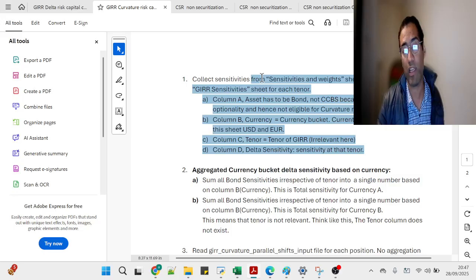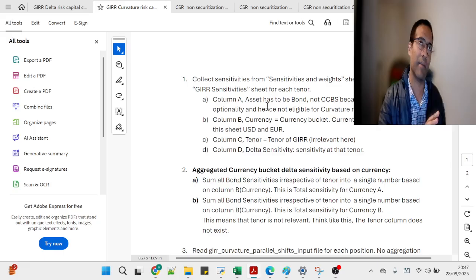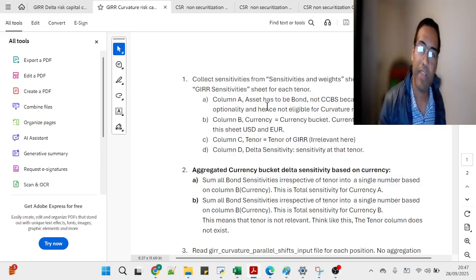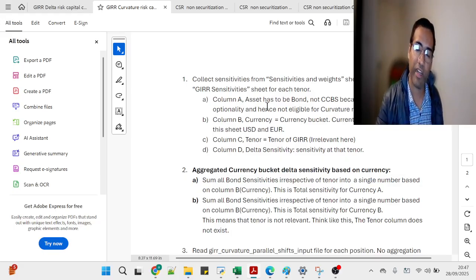It creates non-linear risks. If you remember the price-to-yield curve for a callable bond, it is slightly curved. That curve is your gamma, or what we call convexity. Because delta is linear, we try to capture that curve here.